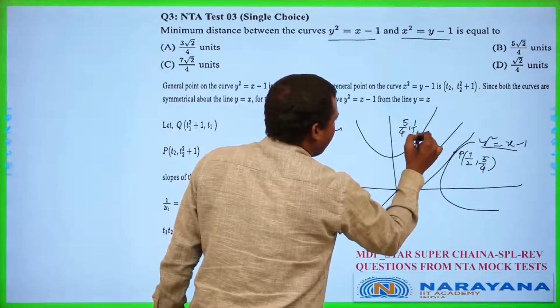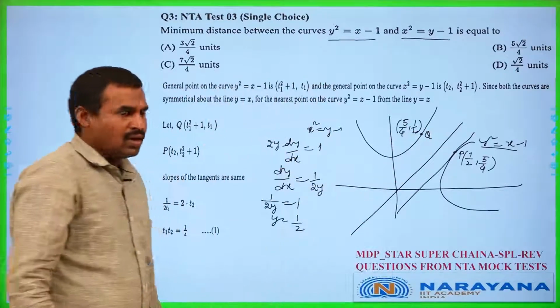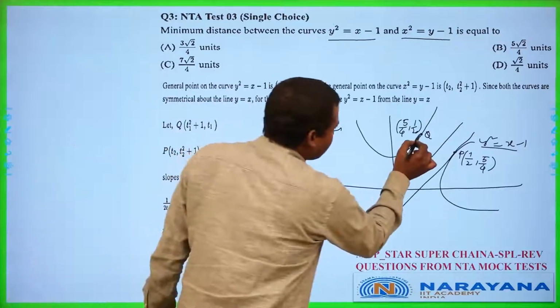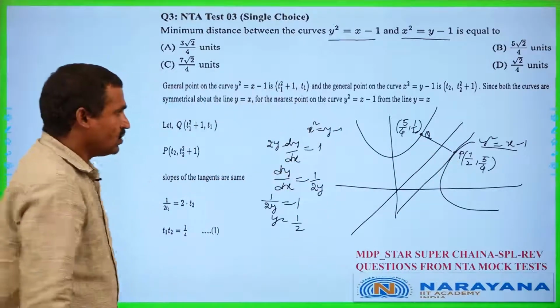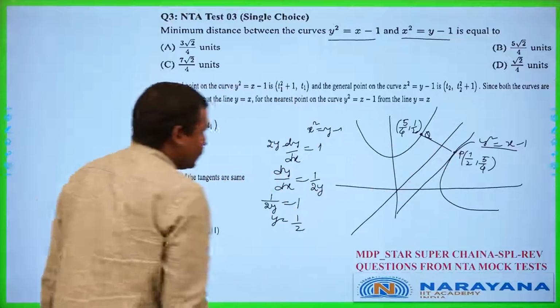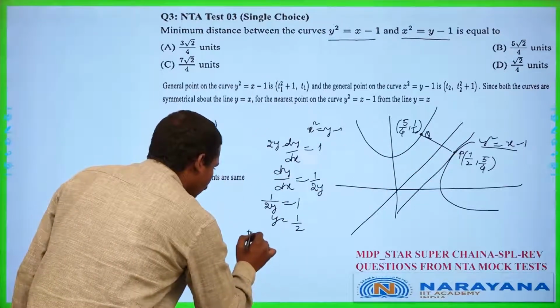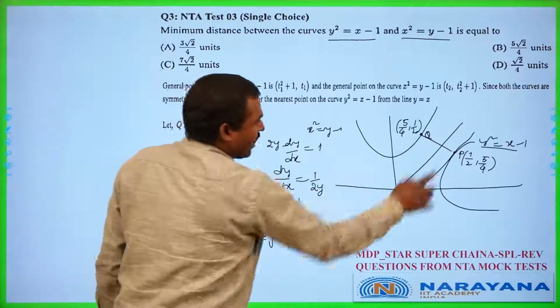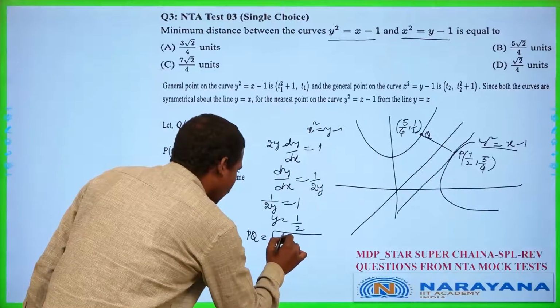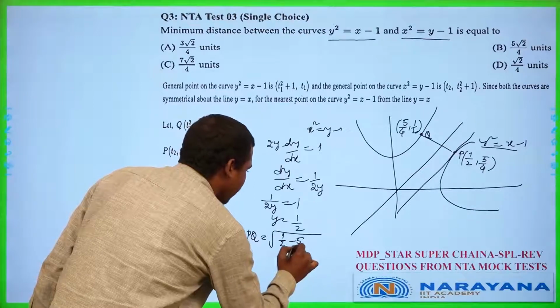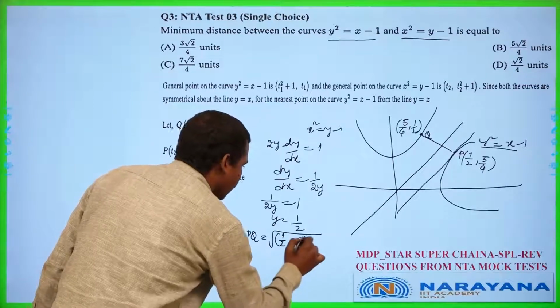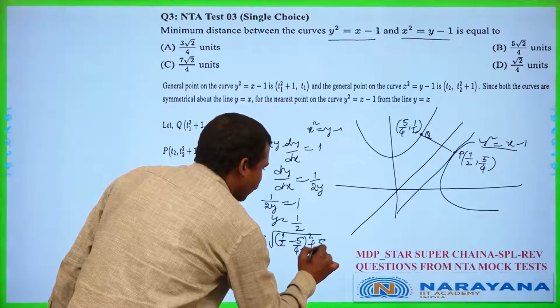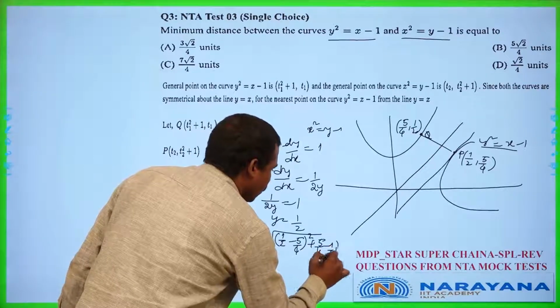Now, the distance between P and Q, this is the minimum distance. So, PQ is equal to square root of 1 by 2 minus 5 by 4 whole square plus 5 by 4 minus 1 by 2 whole square.